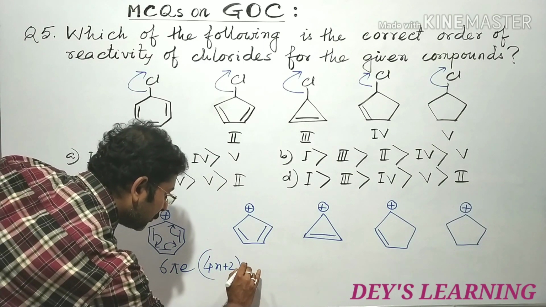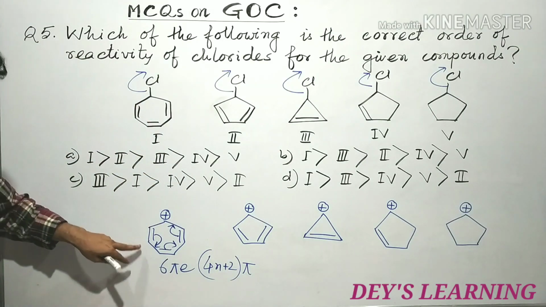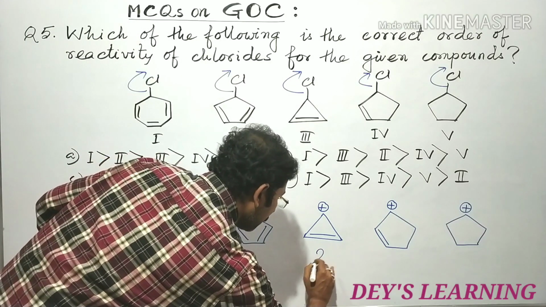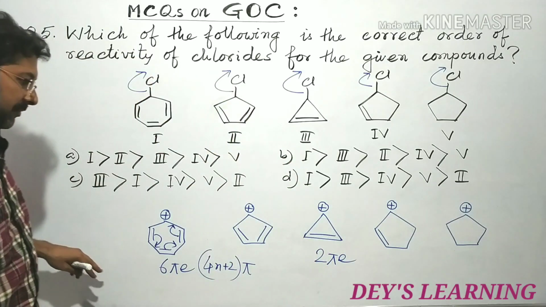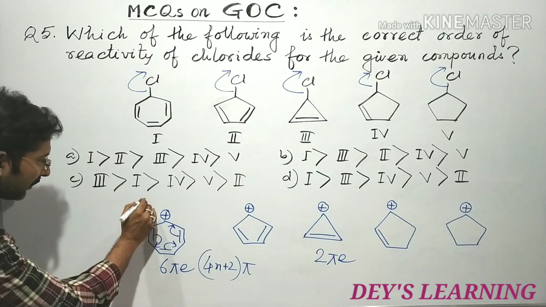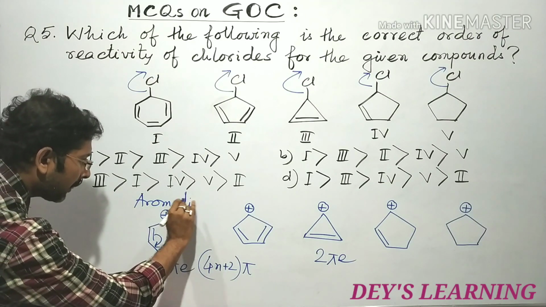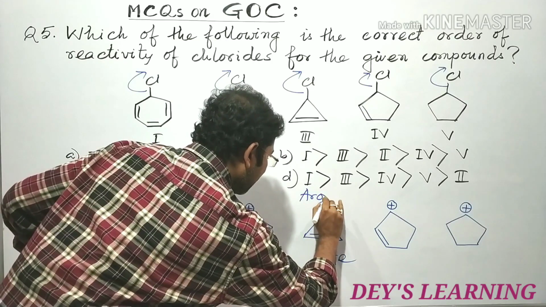Cyclic, planar and conjugated systems are known as aromatic compounds. So this is an aromatic system. Again, there are 2 pi electrons, so this is again an aromatic system. This is again an aromatic system.